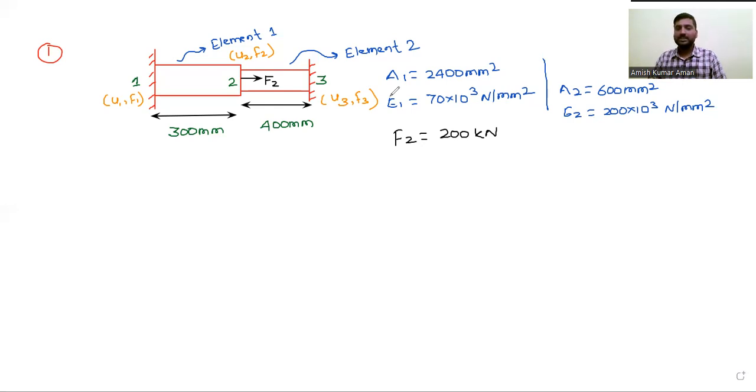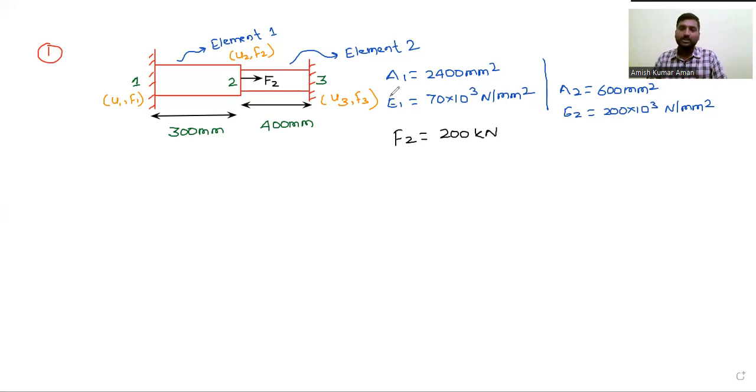First we need to calculate the stiffness of element 1 and stiffness of element 2 individually, and then we will find the global stiffness matrix. Why do we need the global stiffness matrix? In the previous lecture we discussed that the global stiffness matrix is the stiffness matrix for the whole system, whole element.